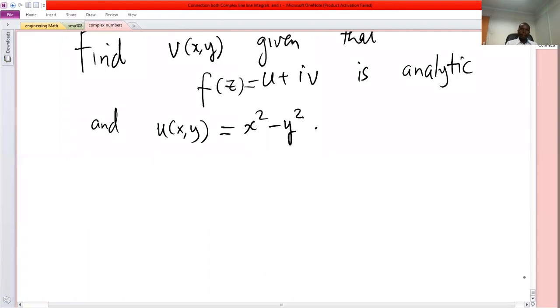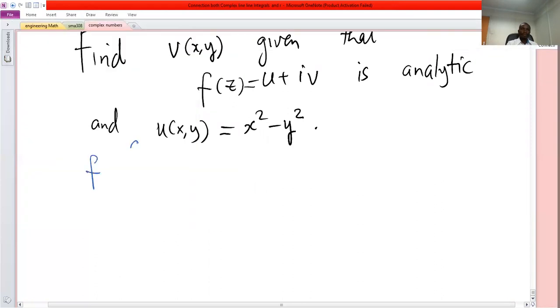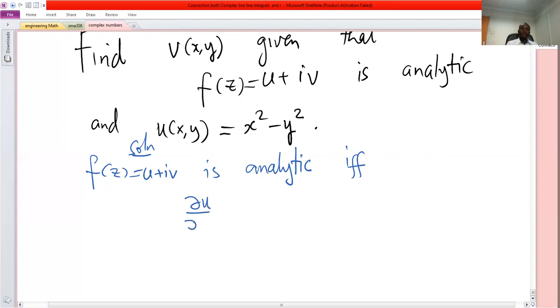So solution. f of z equals u plus iv is analytic if and only if partial u partial x equals partial v partial y and partial u partial y equals minus partial v partial x.